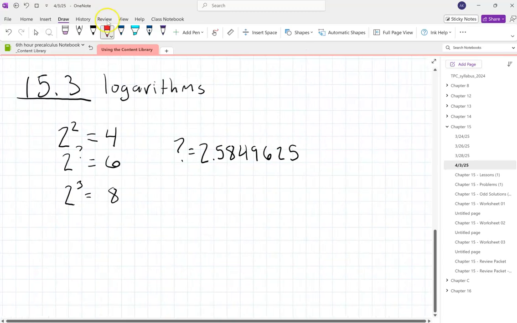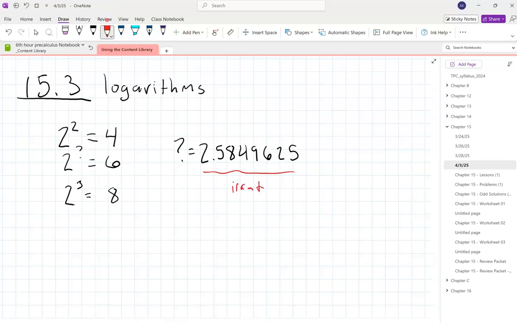It turns out that this is actually an irrational number. And like for most irrational numbers, we want to create a symbol to represent it, whether it's pi or e, or even something as simple as the square root of 2 or the square root of 3, where we don't have to write the decimal forever. We want to create an abbreviation.